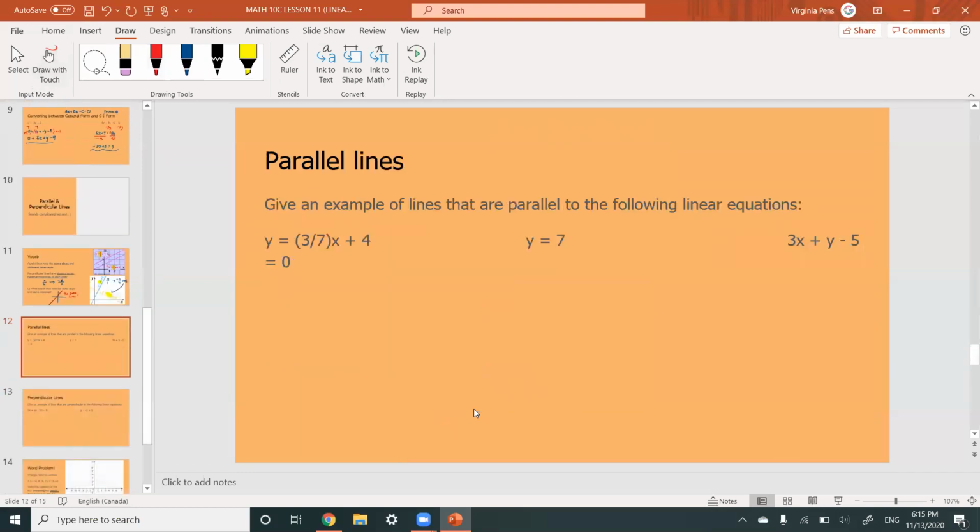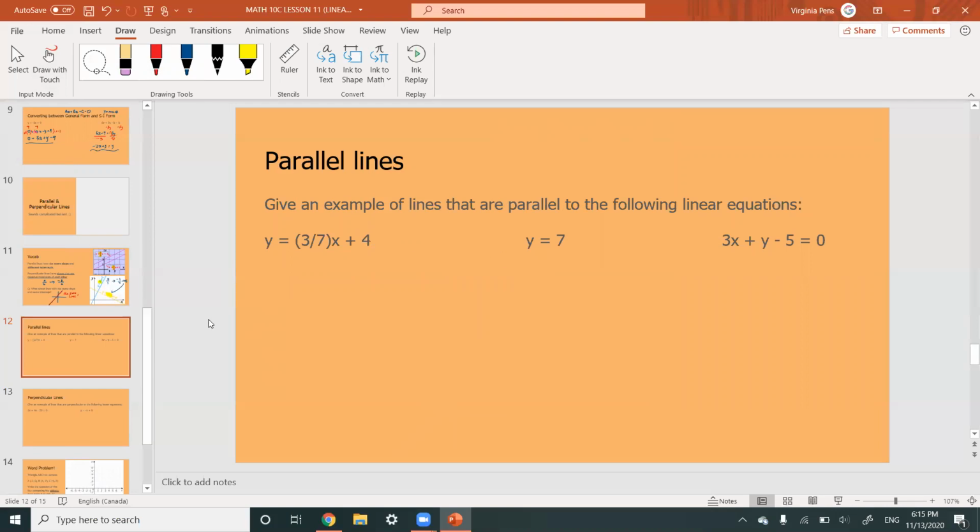That's parallels and perpendiculars. So over here, oh, what is this equals to 0? Oh, gotta shift it over a bit. Let's practice finding parallel lines. So I have 3 equations over here, and we want to find examples of lines that are parallel to these.